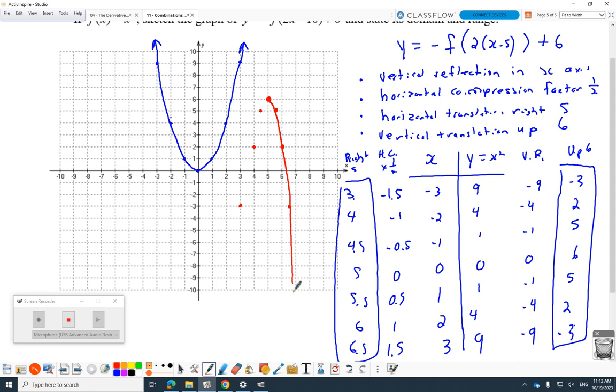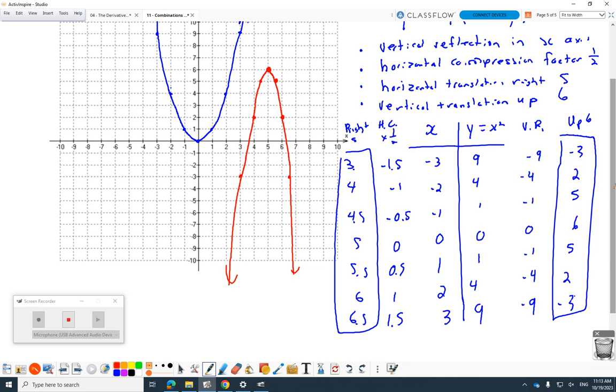And if you remember your grade 10 stuff, you have an advantage here because you know how it's going to turn out anyways. Domain, x element of reals, all parabolas have that. And range, y element of reals such that y is less than or equal to 6.